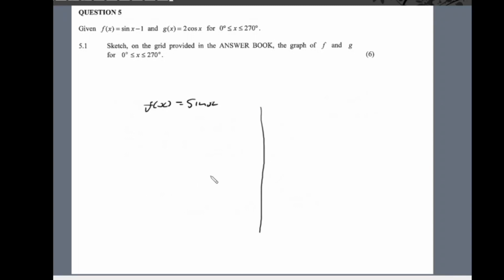Okay, so when you sketch a standard function, siyazi ukuthi you'll have your turning point at 90 degrees, your x-intercept at 180, another turning point at 270, and another intercept at 360, right?